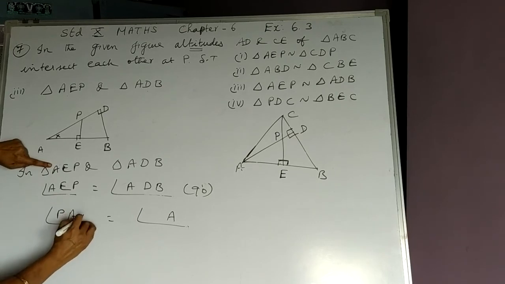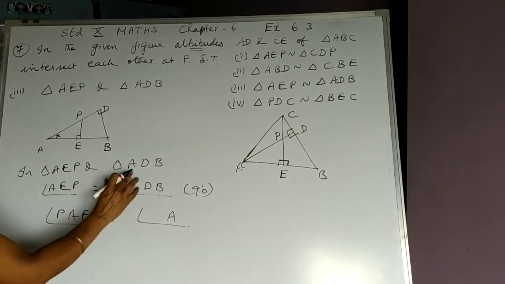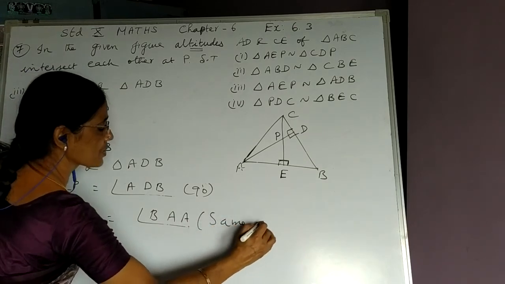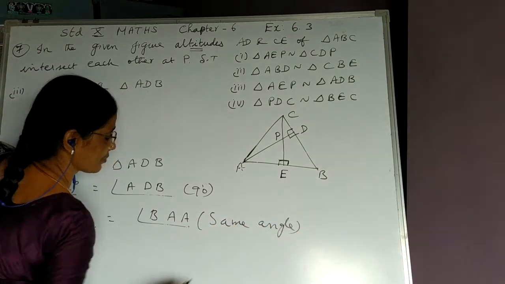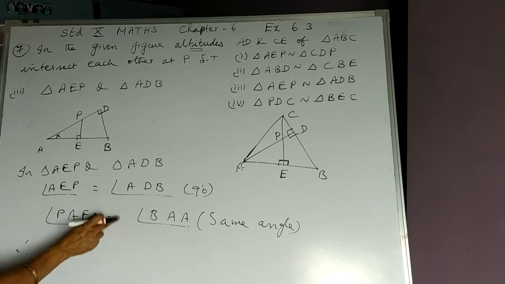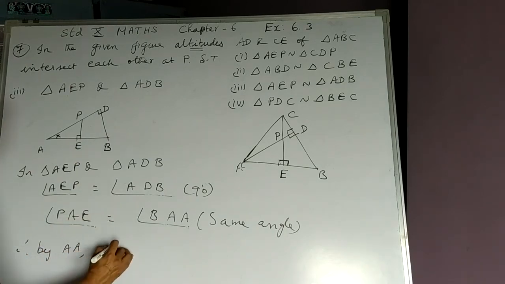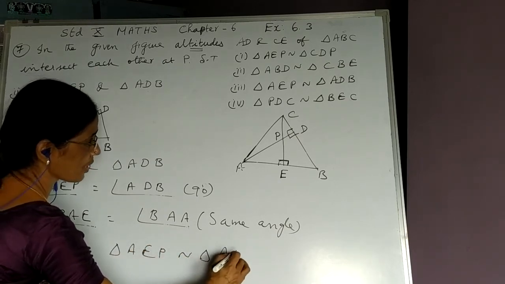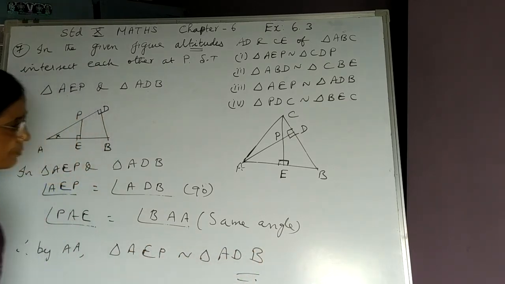It is PAE and here BAD. The reason is same angle. We got two pairs of angles equal. Therefore, by double A, triangle AEP is similar to triangle ADB. Simple proof.